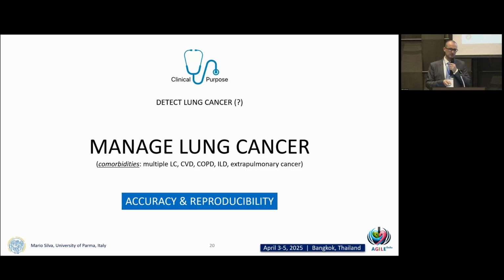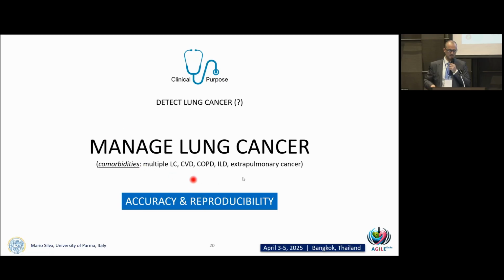Purposely, I've not included non-solid nodules in this presentation because volumetry is not ready for the prime time for non-solid nodules. We had mass doubling time reported in the literature some year ago, but we know there are several variables that apply. So when we have to manage lung cancer, we need an accurate and reproducible tool, which is, to date, volumetry for solid nodules.